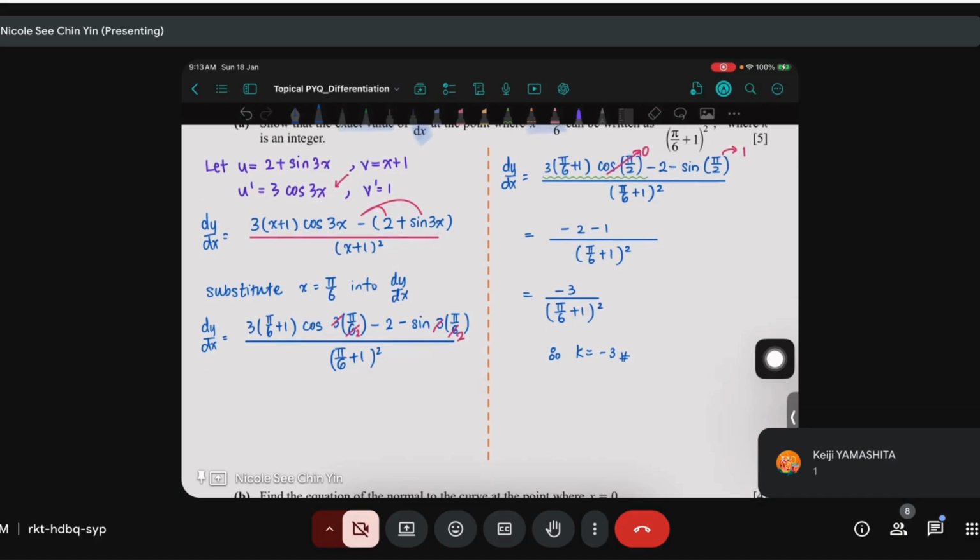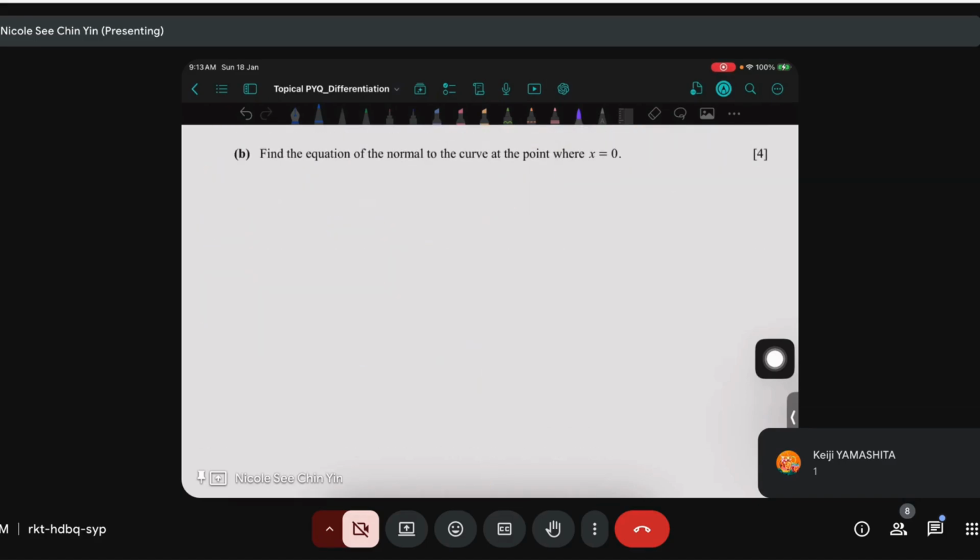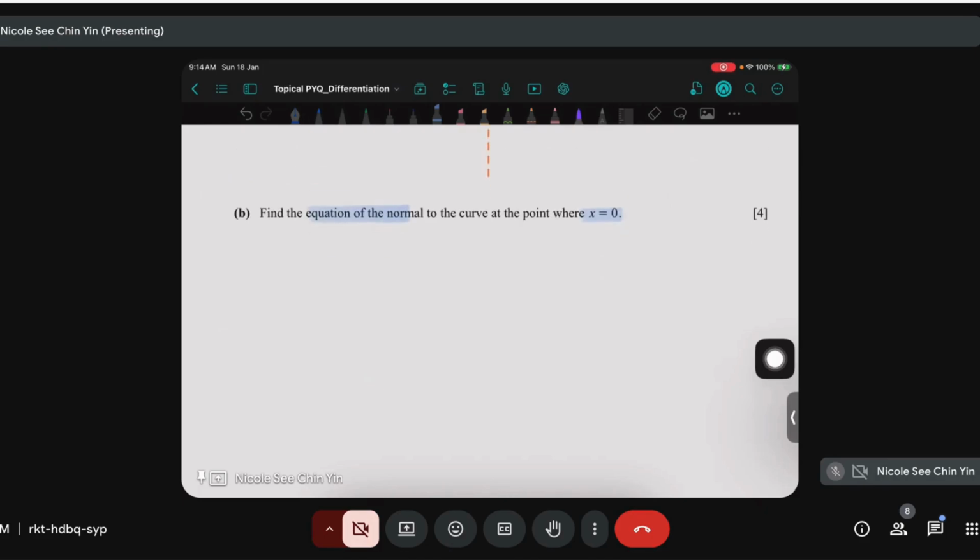Okay, we move on to the next part. The next question, they are asking you to find the equation of the normal where the curve has x equals 0. So basically, what are the information I need from the question? First of all, what is my dy/dx?